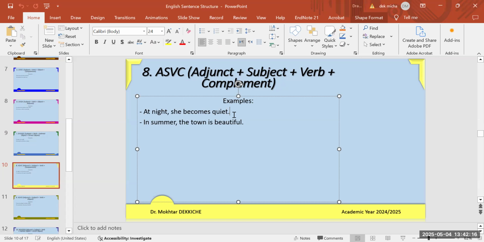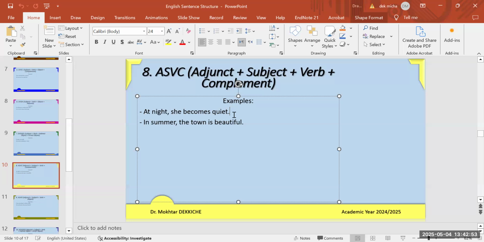When we say that she becomes quiet at night, it's somehow different when we say at night she becomes quiet. This means that at that specific moment she becomes quiet. Here we focus on night. So here, in order to put more focus on the time that she becomes quiet, we put the adjunct at the beginning of the sentence.